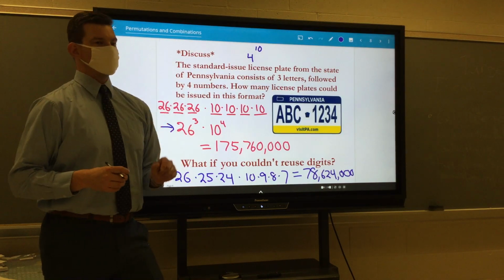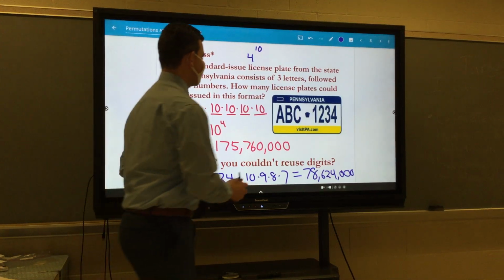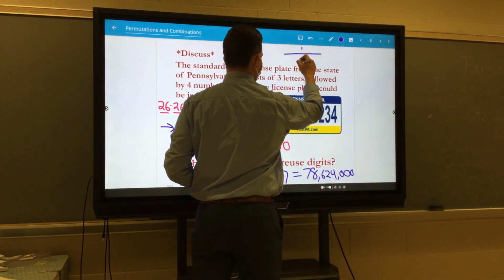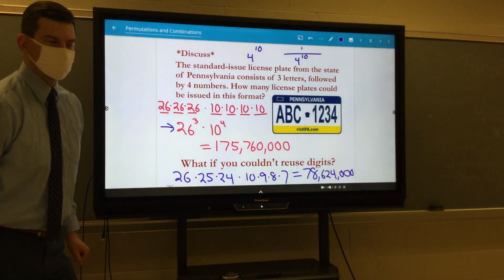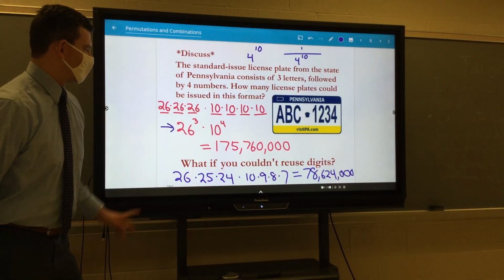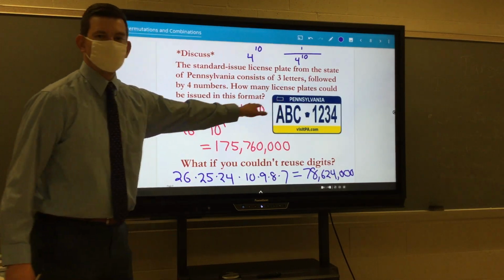Only one of those is the perfect arrangement of correct answers, so that probability would be 1 over 4 to the 10th. Okay? So these exponents can help us when we have this independence like that.